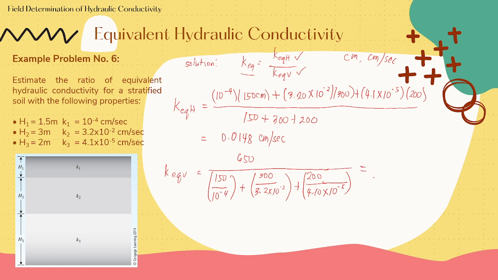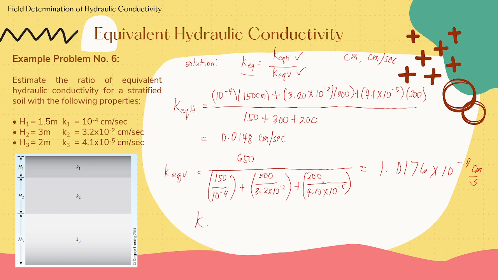And this is equal to 1.0176 times 10 raised to negative 4 cm per second. What I did is store these values in the calculator so that I will arrive at the exact answer.